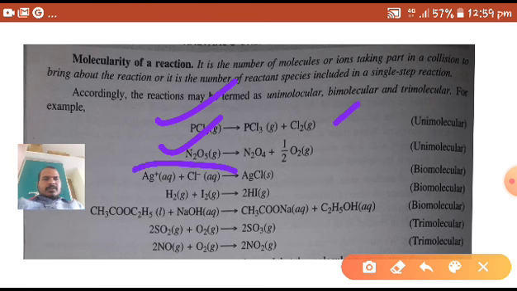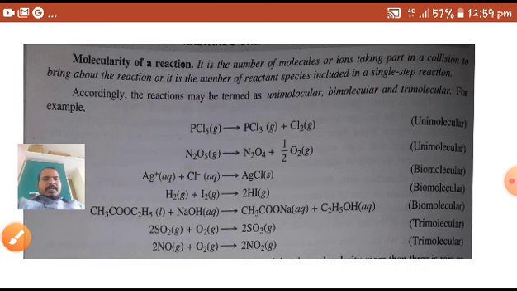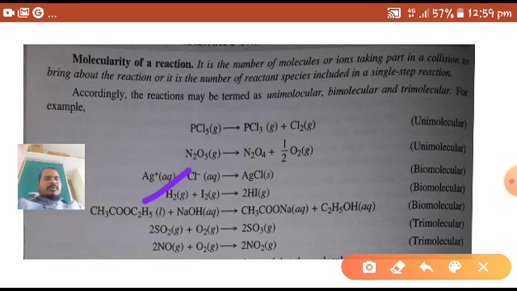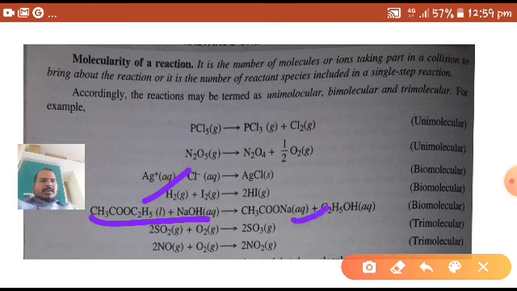Two molecules or ions participate in this one, so it is bimolecular, and this is also bimolecular. All these are simple, single step reactions. This is a bimolecular reaction. This is a bimolecular reaction. This is trimolecular because of two sulfur dioxide molecules. This is a trimolecular reaction.